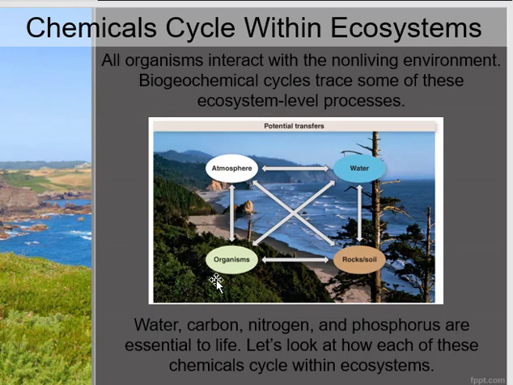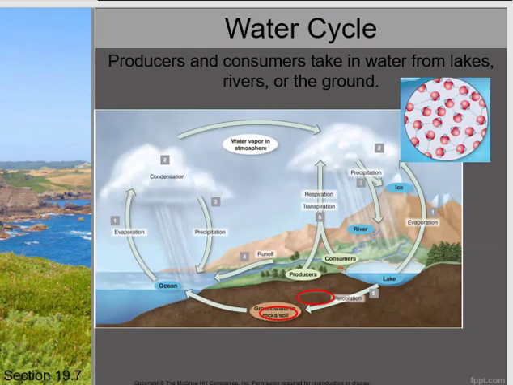And then it gets put into a plant and we eat the plant, and that water molecule gets into our bodies, and then when we urinate or defecate, the water leaves. So there's this constant movement of chemicals. Here's your water cycle. And so it's constantly moving, but we don't make new water, we just keep recycling the old water.